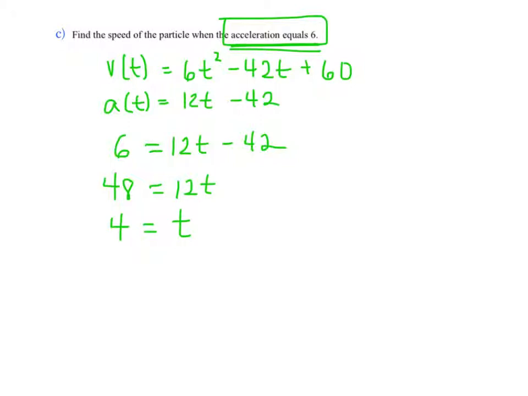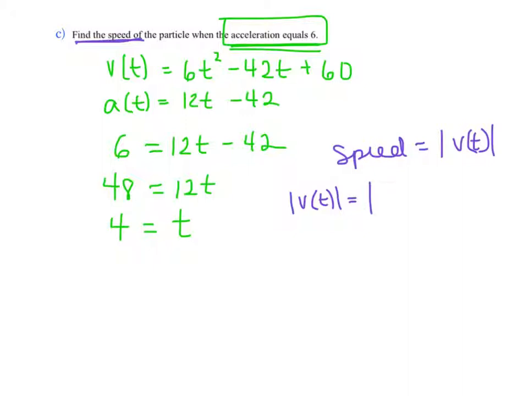Now go back to the problem. What does it want? It wants you to find the speed, which remember is the absolute value of velocity. So the speed when the time is 4. So now I need to grab this velocity function and take the absolute value of it. So absolute value of v of t looks like absolute value of 6t squared minus 42t plus 60.